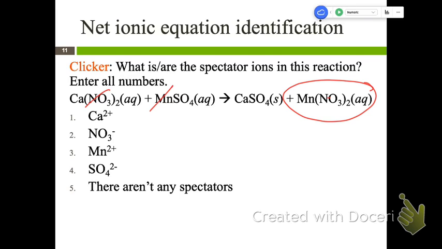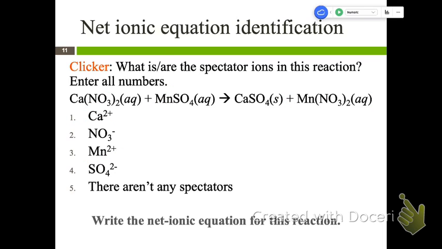Okay, so then if we wanted to write our net ionic equation, can we do that? If you notice down below in question number 7, I have some blank space. What would I write for my net ionic equation for this? Not the whole left side. So what part of the left side do we keep?